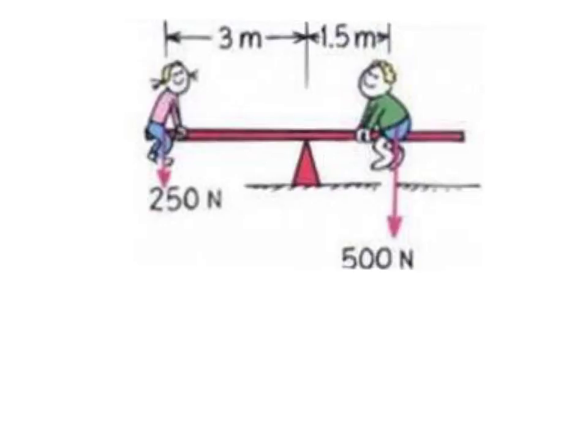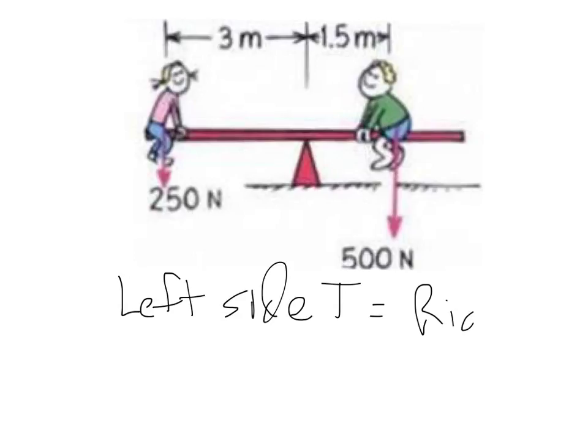But for the sake of this problem, we're going to notice that the seesaw is in equilibrium. That is, there's no rotational motion going on. And if we can say that, then the left side torque will be equal to the right side torque.